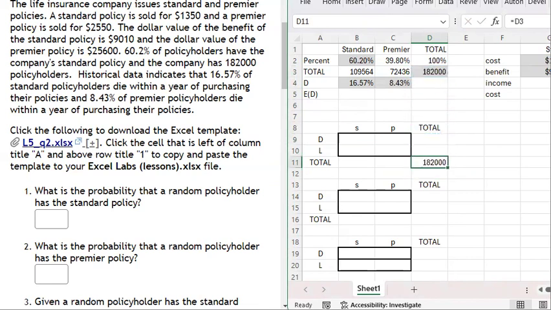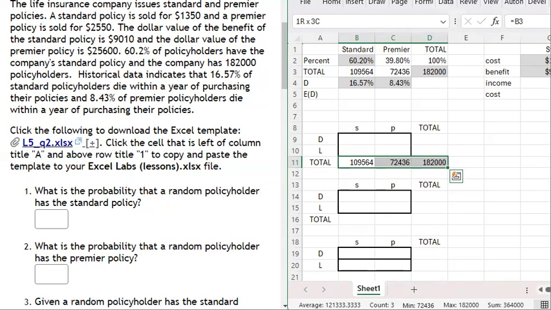Then we have a total of 72,486 premier customers, and a total of 109,564 standard customers. So we're filling in our observed frequency table.